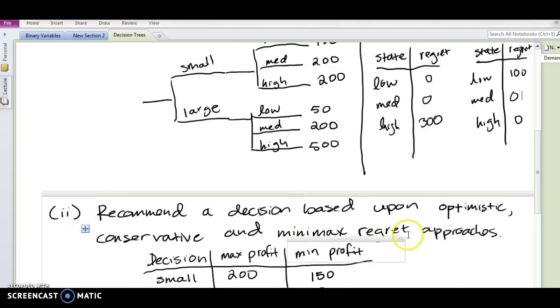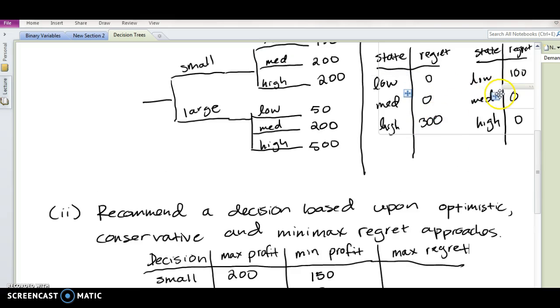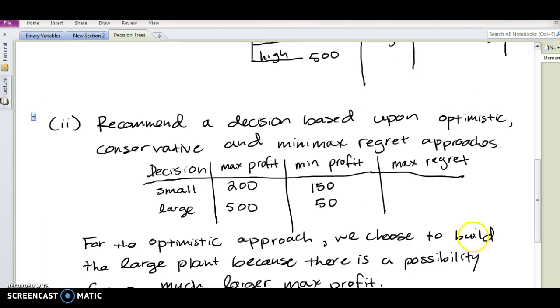So the max regret. There are 3 possible regrets for each one: 0, 0, 300, and 0, 0, 100. So for small, they have a maximum regret of 300, and for large, they have a maximum regret of 100.